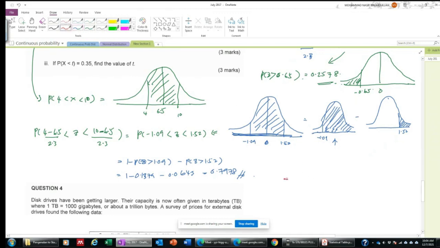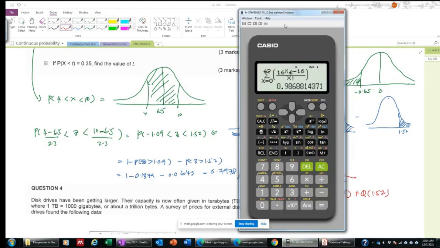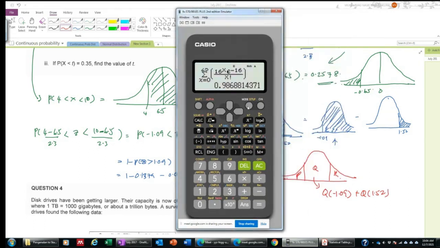To reconfirm whether our calculation is correct or not, remember, by using the calculator, I taught you before. On the calculator we have 3 regions: this is the first region, P, Q, R. If you want to find Q, the middle value, using the calculator, Q negative 1.09 plus Q 1.52. You just input it into the calculator.